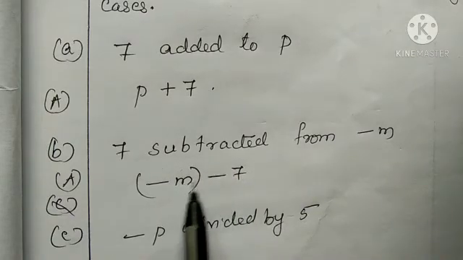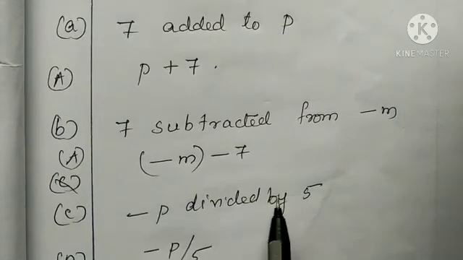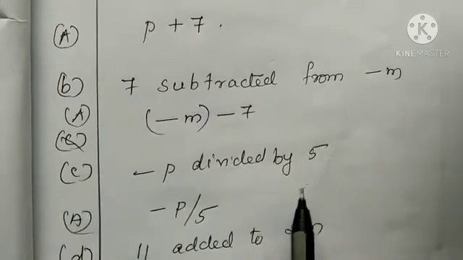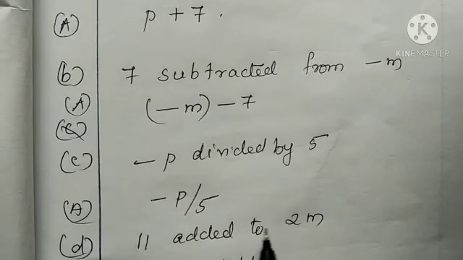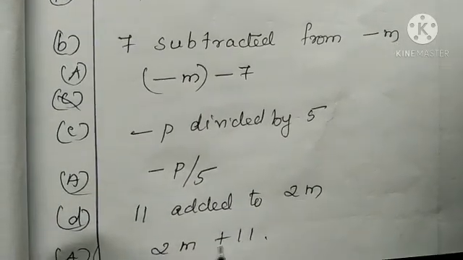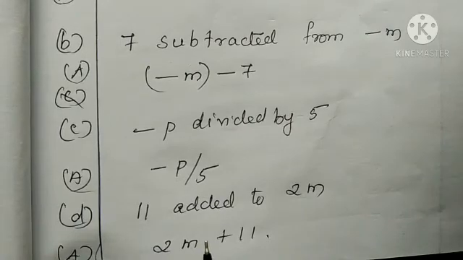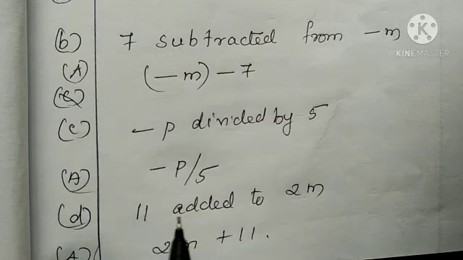This 7 is subtracted from negative m, so negative m minus 7. Negative p divided by 5. How will you write negative p divided by 5? Negative p by 5. 11 added to 2m. 2m plus 11. So you understood, children? Expressions to statements and statements to expressions.